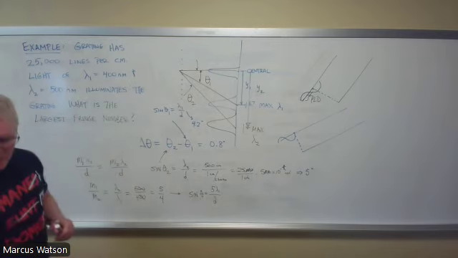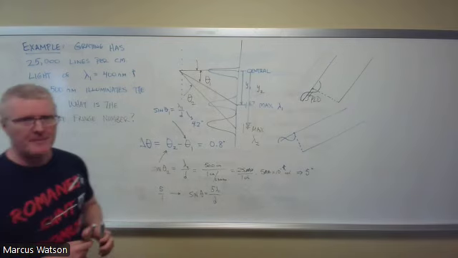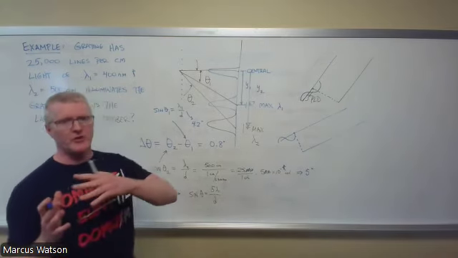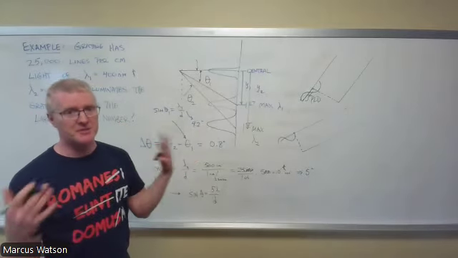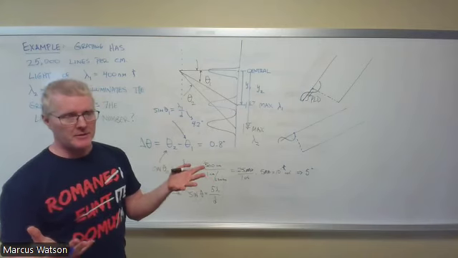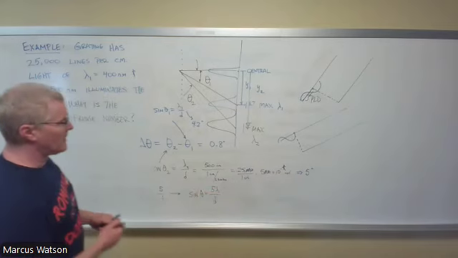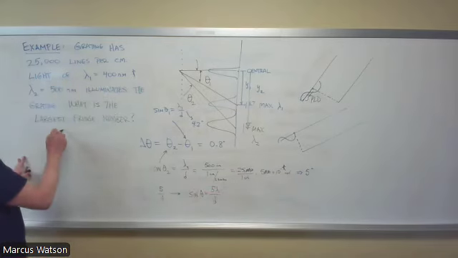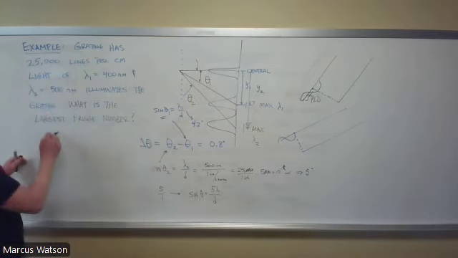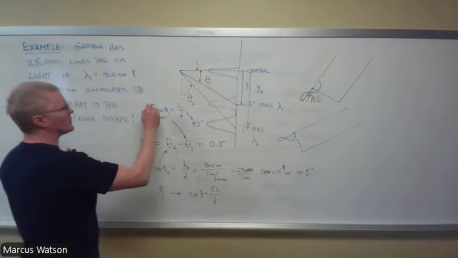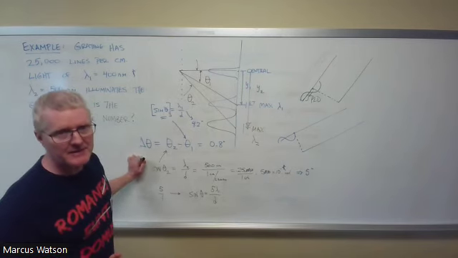In this case, I'm trying to figure out what's the grand total number of fringe orders that I could possibly have. So in some sense, I'm solving for little m here. But I want to make it the biggest possible thing it could be. And if I look at my constructive maxima, it's going to be related to what's the biggest possible value that sine theta can take.